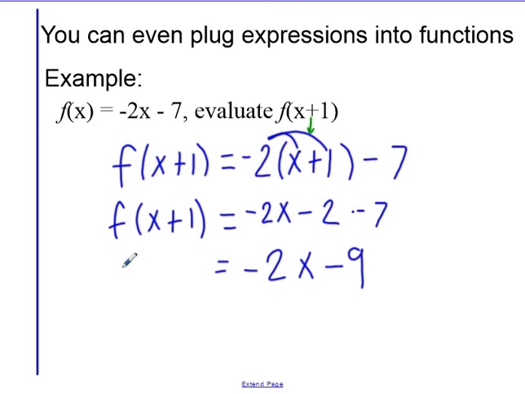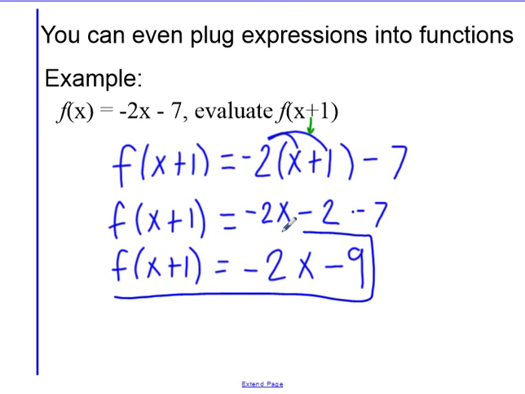That would be our final answer. So notice the difference between what we started with: negative 2x minus 7. After doing the plug-in, we ended up with negative 2x minus 9.